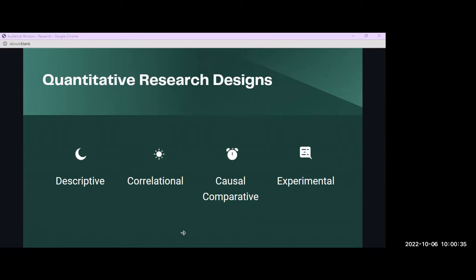Okay, so that is the difference between a true experimental and a causal comparative or a quasi-experimental design. For example, in a pre-test and post-test design, I will conduct a feeding program in a certain community.